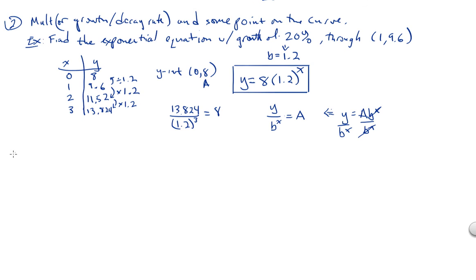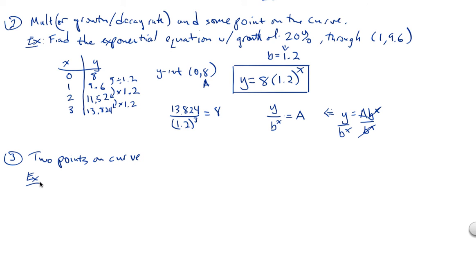So let's look at the third situation. The third situation is probably the roughest. Let's just look at an example. You're just given 2 points on the curve. This is just for completeness; you may not run across this kind of problem.